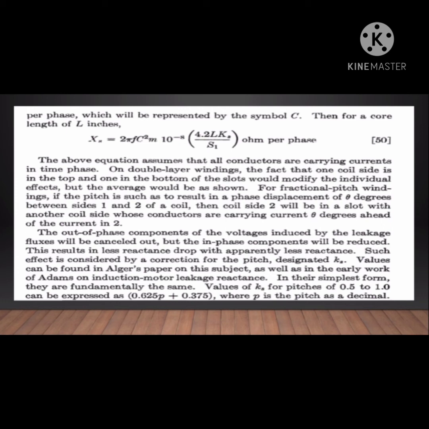So, ang magiging value na natin ng slot leakage flux, or yung X slot, is equal to 2 pi f C squared m times 10 raised to negative 8, the quantity of 4.2 times L times Ks over S1, which is ohm per phase.